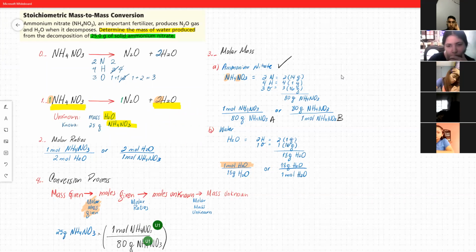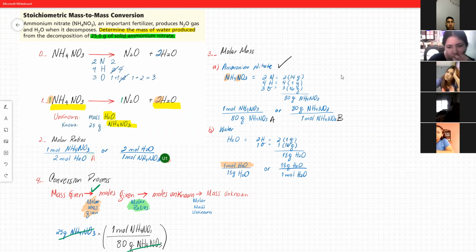We already accomplished this step, so I move on to the next step. It says from moles given to moles unknown, and I'm going to be using the molar ratio. So what molar ratio am I going to be using, A or B?